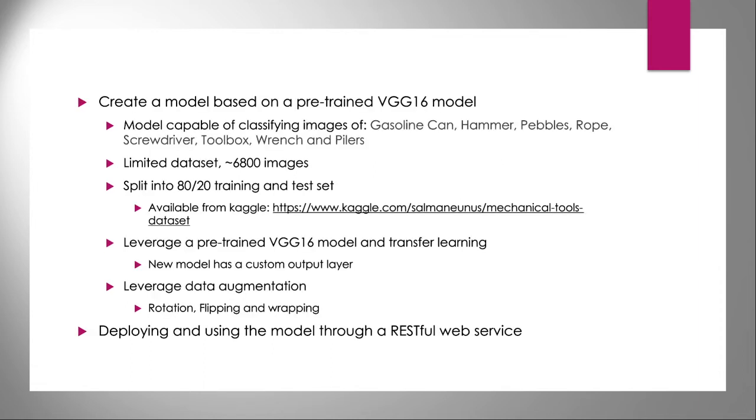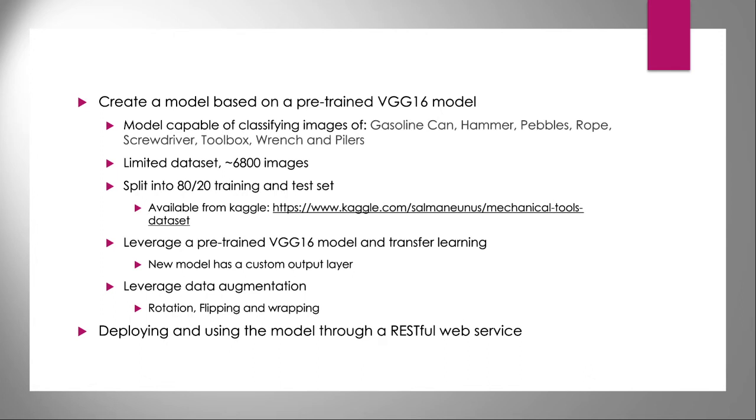Now, more in depth about the creation process of the model. As I said, it's a VGG16 based model. I have created a new model based on some features the VGG16 model has learned by performing transfer learning.